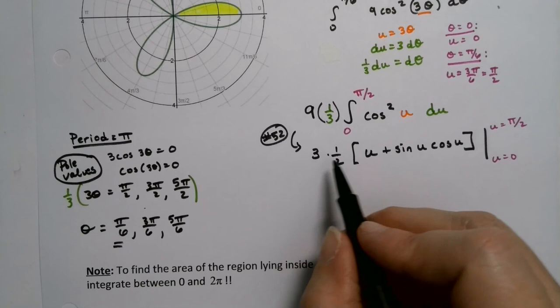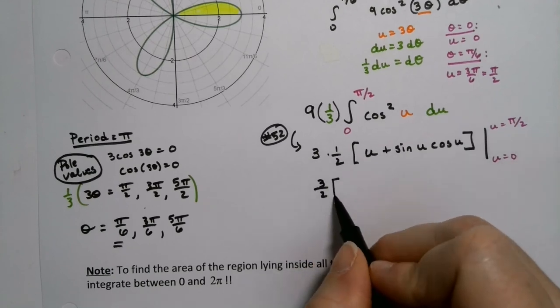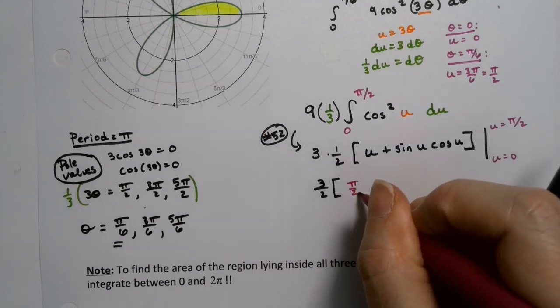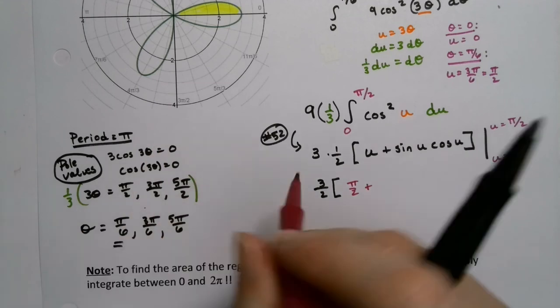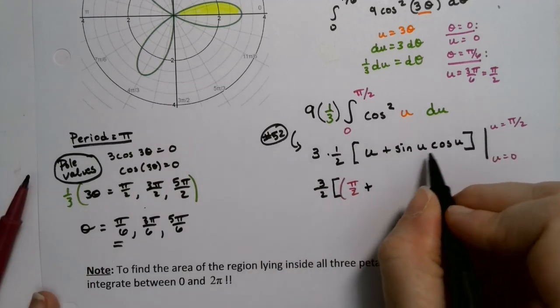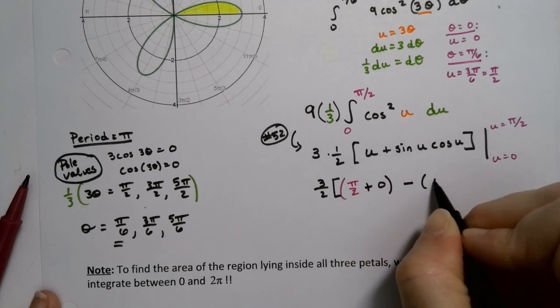So that would be 3/2 times, and then I'm going to put pi over 2 into this. So pi over 2 plus 0, because the sine of pi over 2 is 1, but the cosine of pi over 2 is 0. So that's 0 minus 0 plus 0.